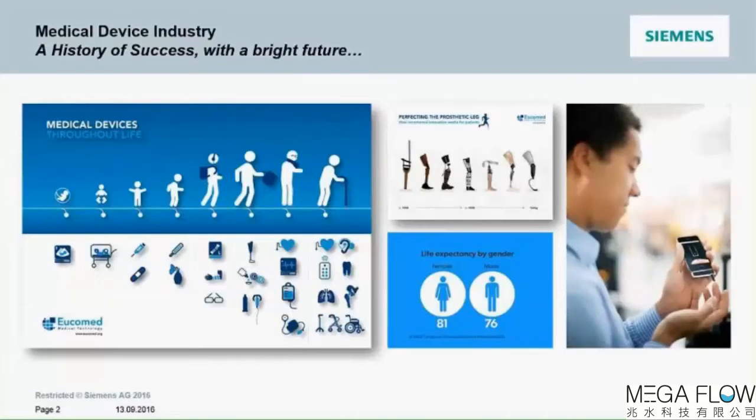There's been an amazing history of success in the medical device industry. We're seeing great benefit of medical devices throughout our lifetimes, as this graphic indicates. There's constant innovation and use of new technology. The example highlighted in the picture is the prosthetic leg.